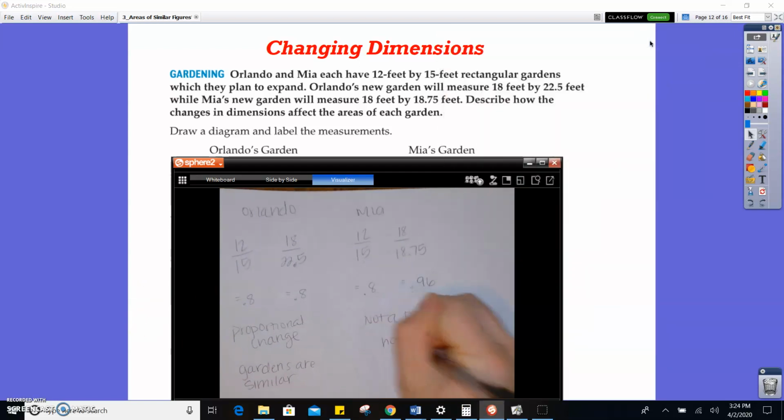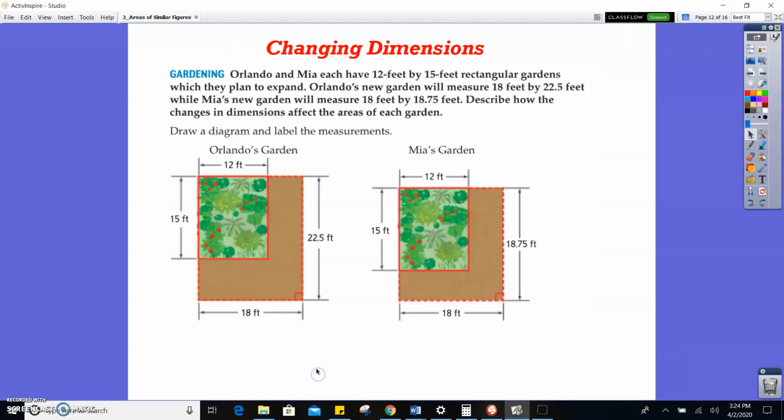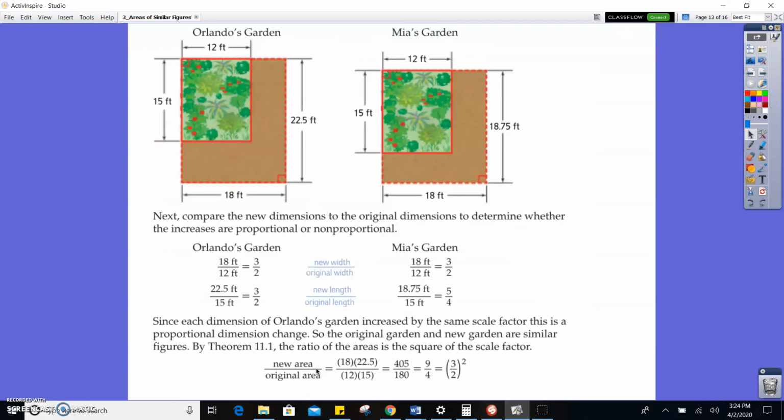So not similar gardens. And they left it in fractional form. That's another strategy and way that you could do it. Orlando's garden still simplified to that ratio of 3/2, while Mia's went from 3/2 to 5/4.